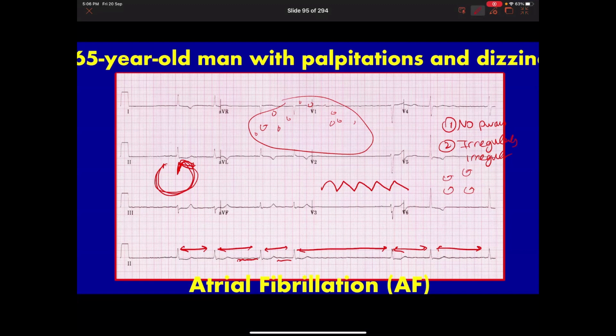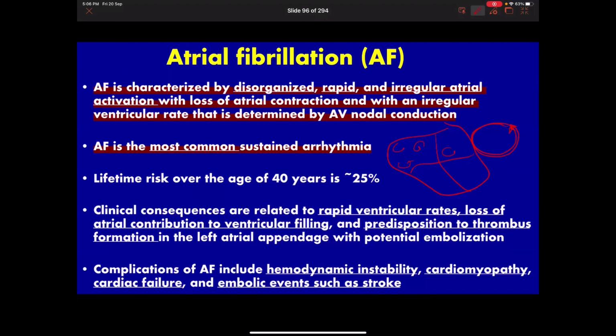That's why you get these tiny little squiggly lines. This is very important to know when you see it, okay? So sawtooth appearance is atrial flutter. No P waves and irregularly irregular, looks like mini vibrations, is atrial fibrillation, okay?